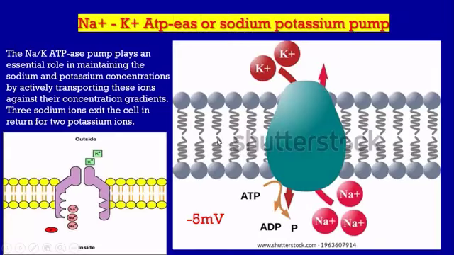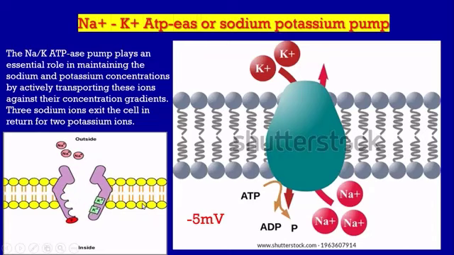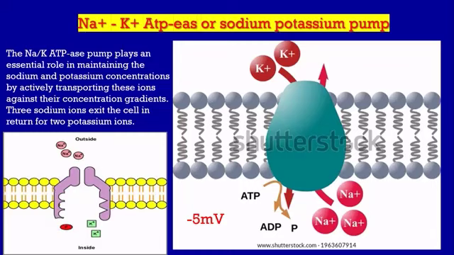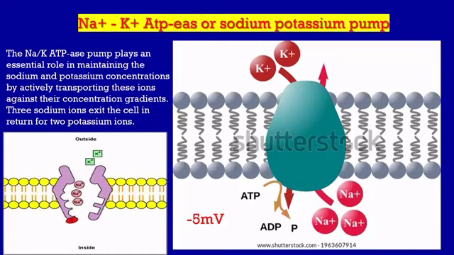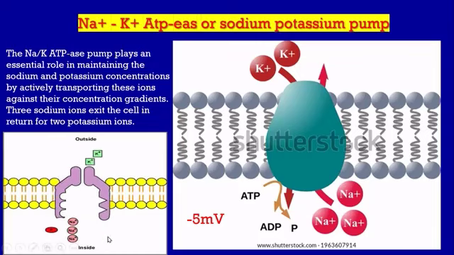The second mechanism, and the most important mechanism, is the sodium potassium pump. This pump removes the rush of sodium, or the influx of sodium, which occurs during the action potential to the inside of the cell. Sodium is then removed by the sodium potassium pump from the interior of the cell, and this is an energy dependent channel that uses ATP, and it removes 3 sodium ions from the intracellular fluid and then brings 2 potassium ions inside the cell or into the intracellular fluid.